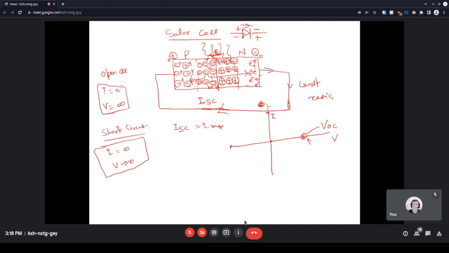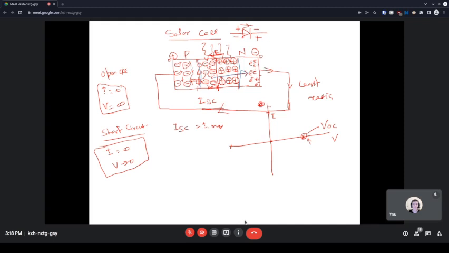How can you say that? You see, the depletion region is here, this is the depletion region. If I change the color, then I may be able to show it clearly. If you see the depletion region, and once light is going to fall over the depletion region, electrons are going to be pushed from this direction towards this side.